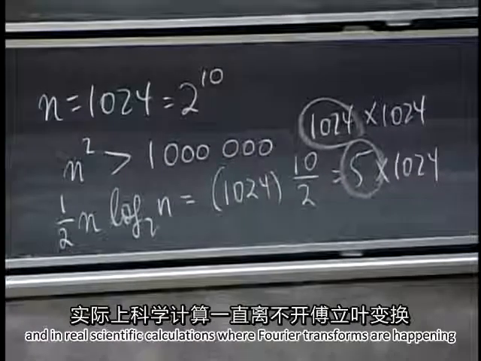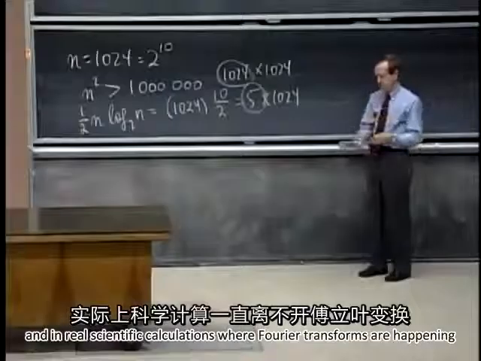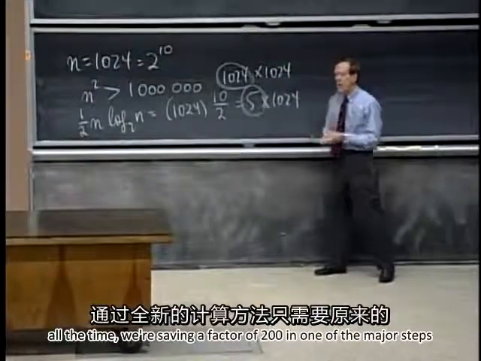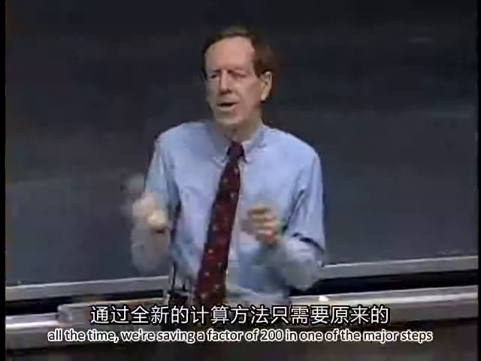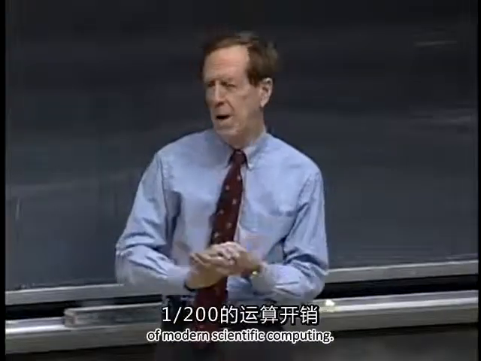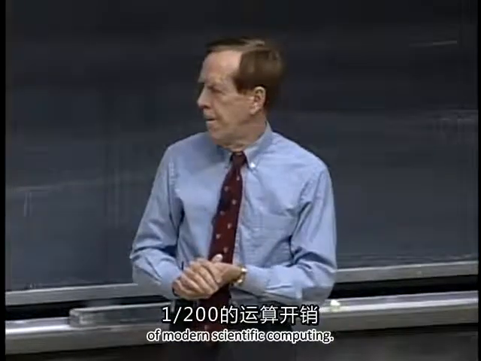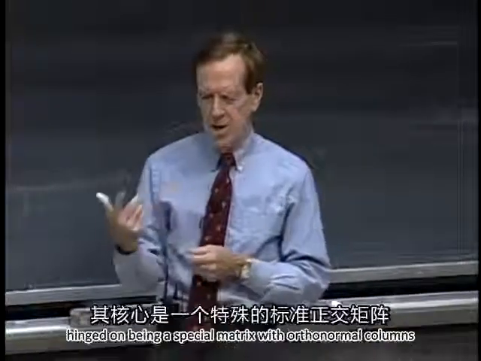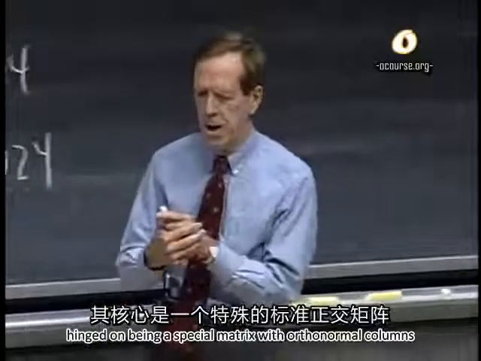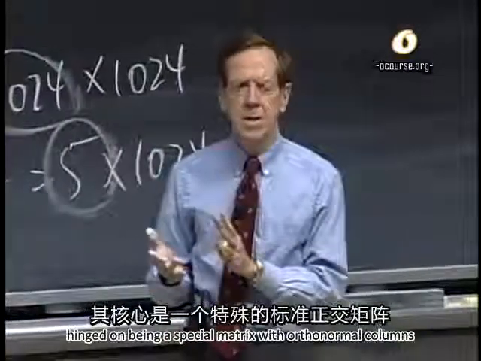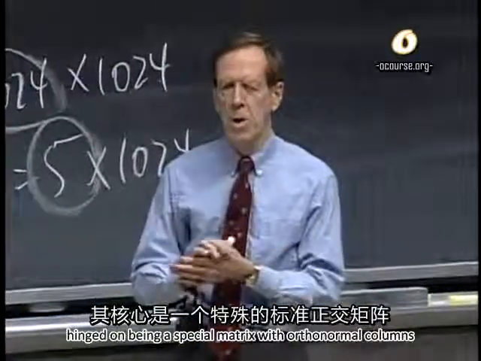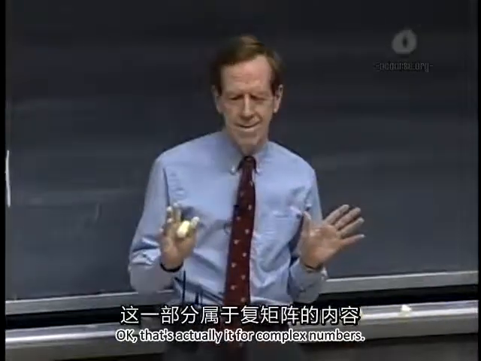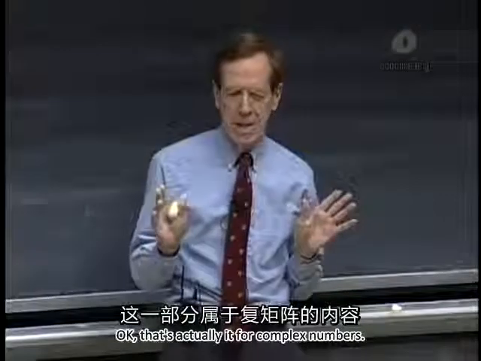And in real scientific calculations where Fourier transforms are happening all the time, we're saving a factor of 200 in one of the major steps of modern scientific computing. So that's the idea of the fast Fourier transform, and you see the whole thing hinged on the Fourier matrix being a special matrix with orthonormal columns. Okay, that's actually it for complex numbers.